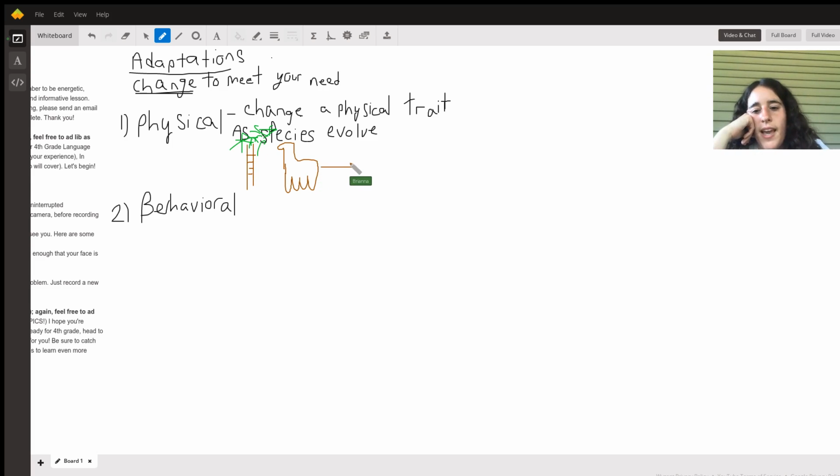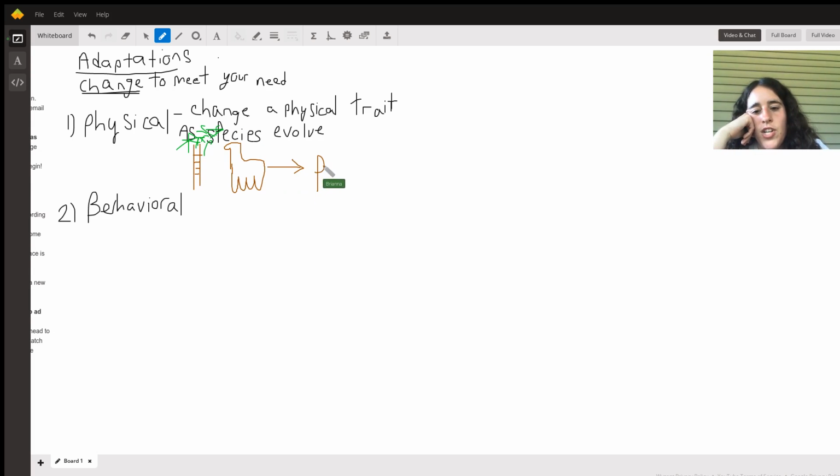He needs to make a physical change, which is growing the neck taller to be able to reach those leaves in the trees. So this giraffe made a physical change or a physical adaptation.